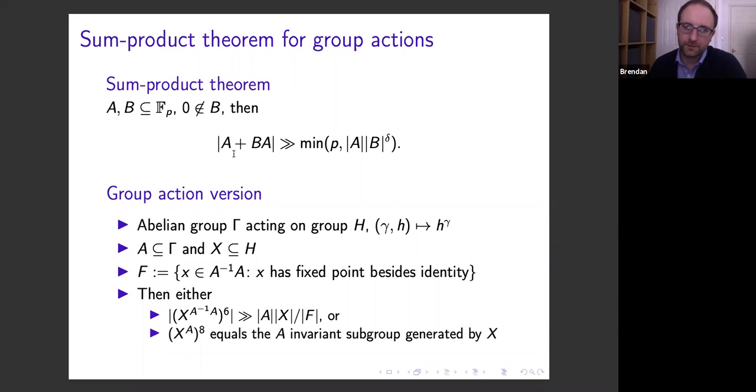So if A and B are both close to size p, then we won't get much growth. Otherwise, we usually get some amount of growth depending on the size of the set of scalars.